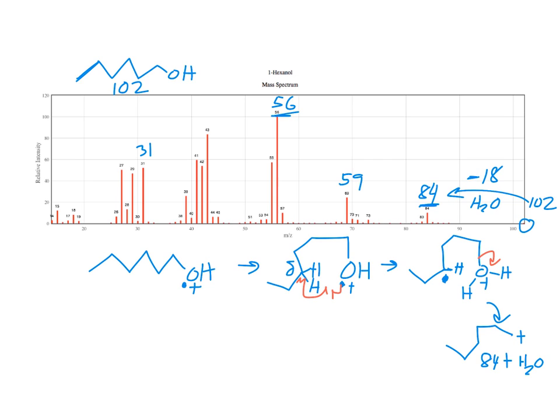And then I think from here we can just do this, the radical over here, to lose an ethylene, and we generate 56.